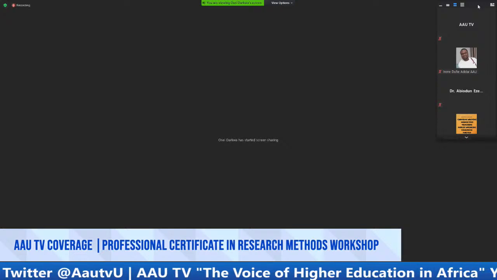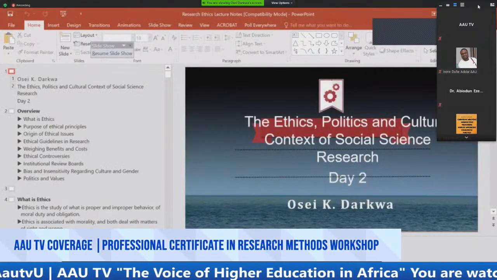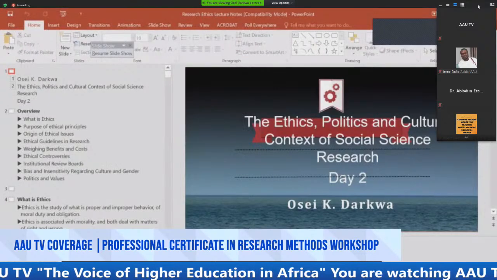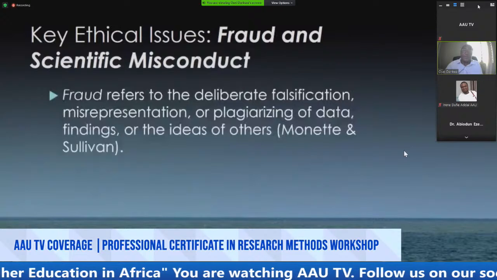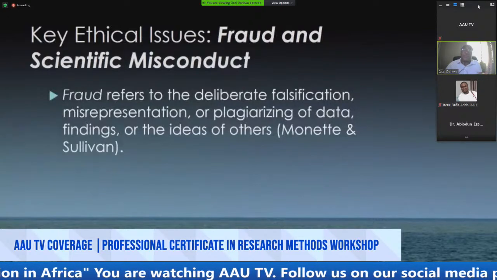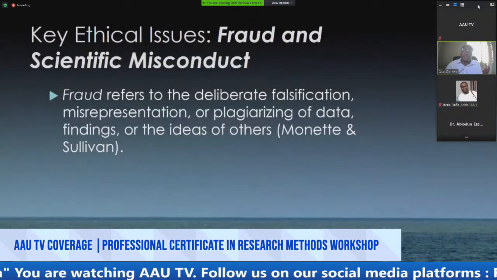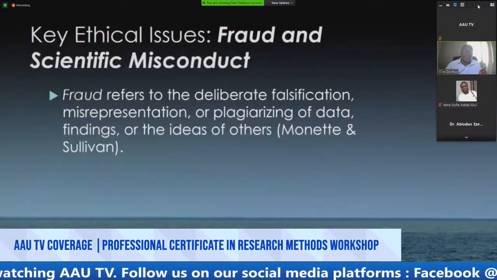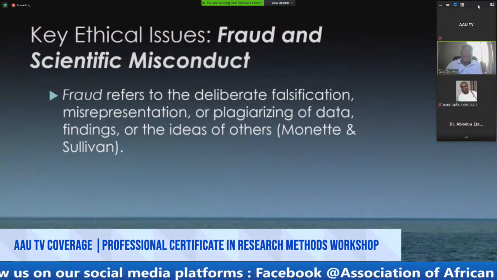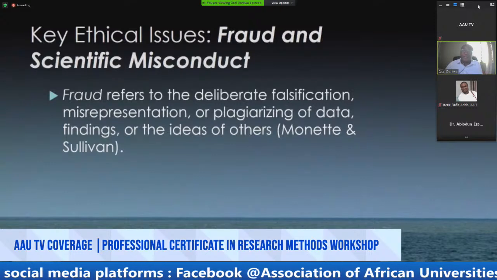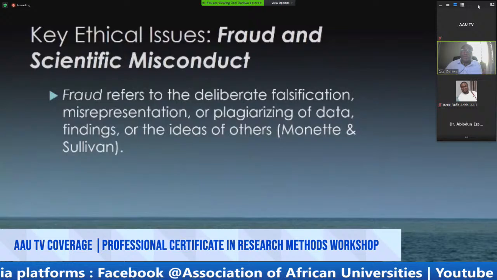Because as I said, it's a bunch of slides. There's no way we're going to go through all of them, but it's all about examples of ethical issues, fraud and scientific misconduct. Again, you've all explained that, so there's no point to go through this. Deliberate falsification, misrepresentation, or plagiarism of data, findings, or the ideas of others. This is a definition by Monet and Sullivan.